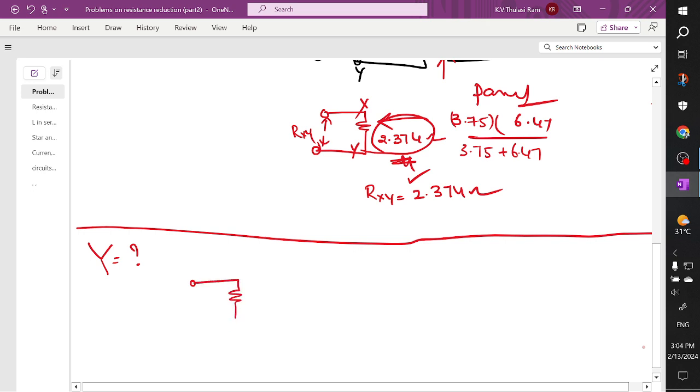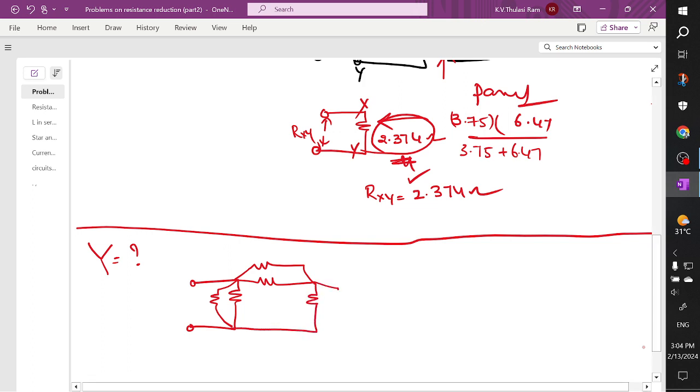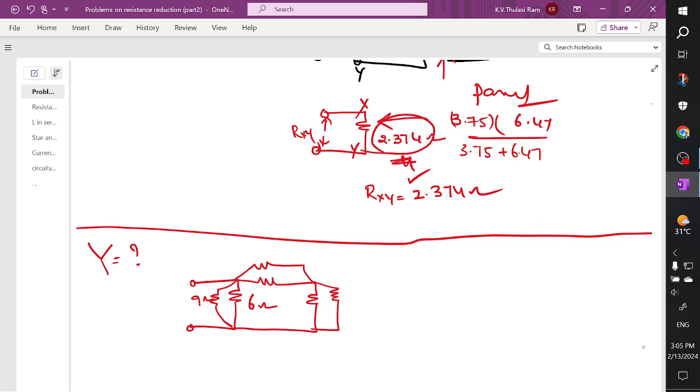You have one branch and a parallel branch is also given, and you have one more branch and a parallel branch is also given, and one more branch is given like this, and they have given one more parallel branch, with 6 ohm, 9 ohm, 6 ohm, 9 ohm, 6 ohm, 9 ohm.